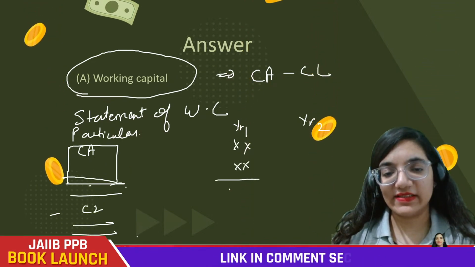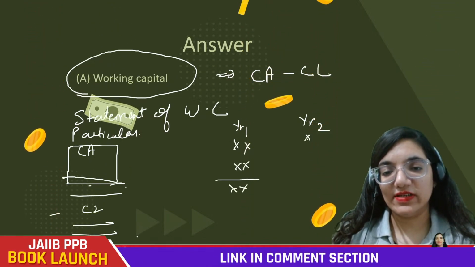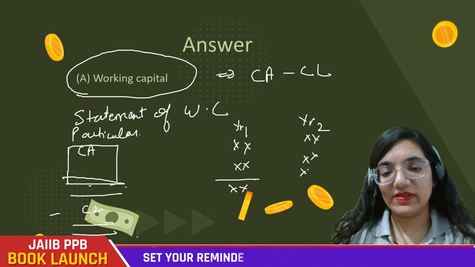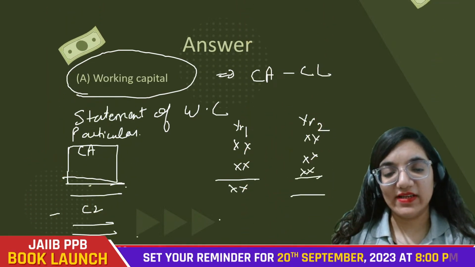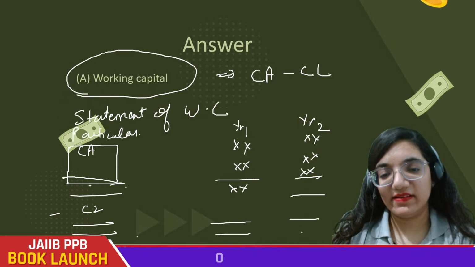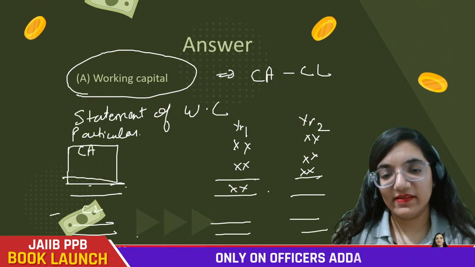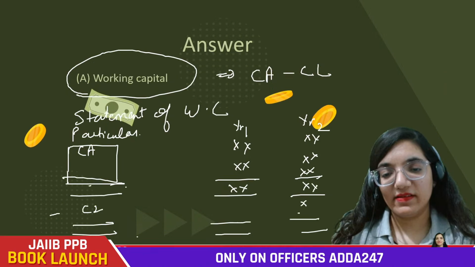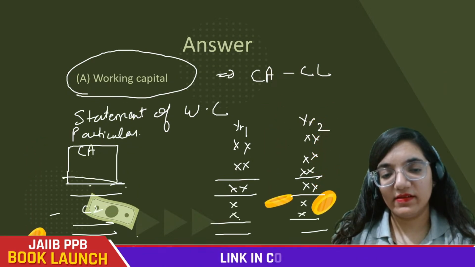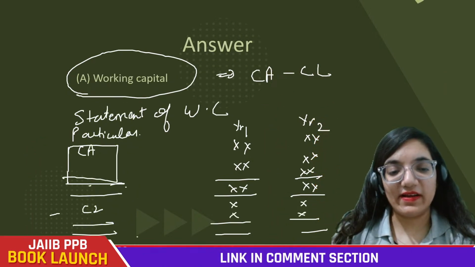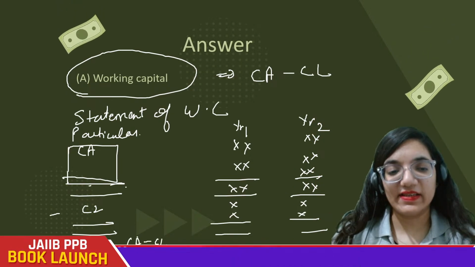All the current assets here, their total, current liabilities here, their total, and this is how we'll find our CA minus CL.